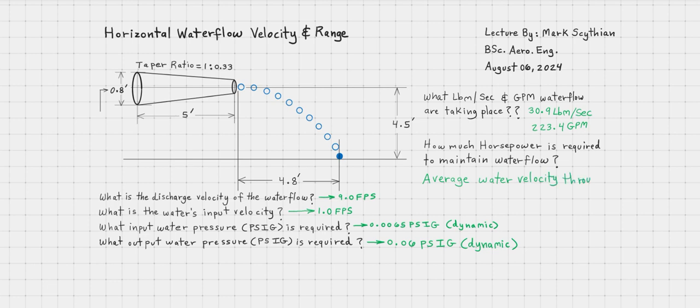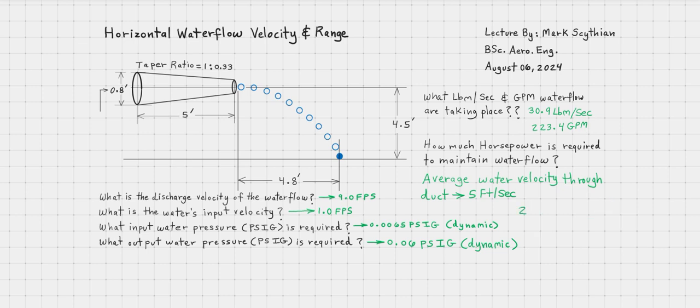If we take just the average water velocity through the duct, it's simply the output velocity of 9 feet per second plus the input velocity of 1 foot per second, divided by 2. So we get 5 feet per second average water flow through the duct. If we take the 30.9 pounds per second times 5 feet, over 1 second, this translates to 154.5 foot-pounds per second.